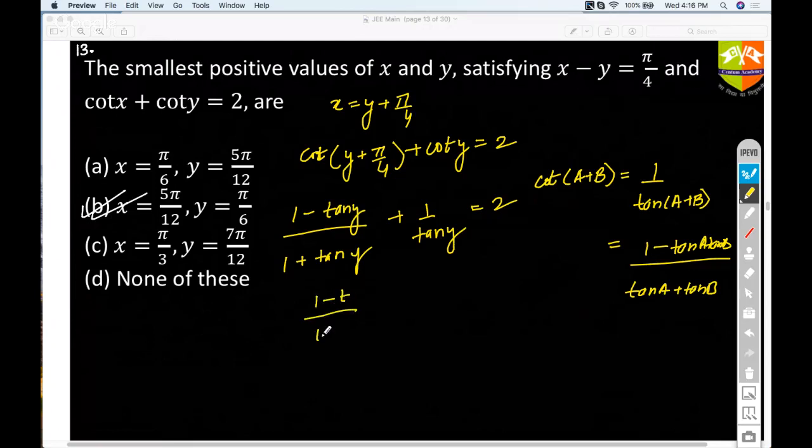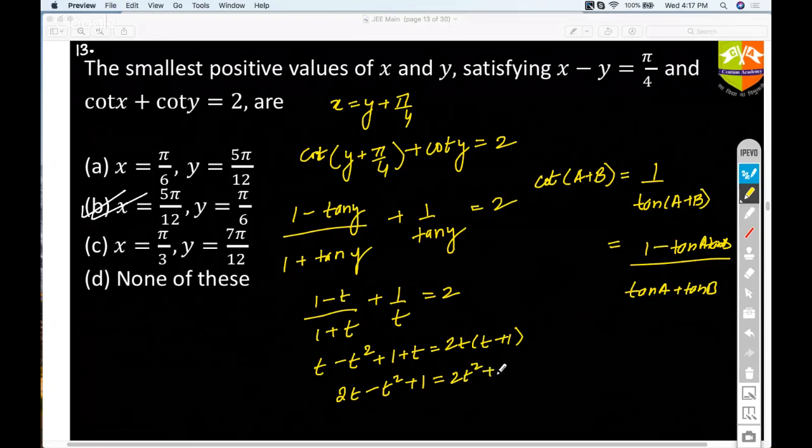So let me just write as less as possible. So that will become 2t minus t square plus 1 is equal to 2t square plus 2t. 2t will go off. So you'll have 3t square as 1. That means t is going to be plus minus 1 by root 3.